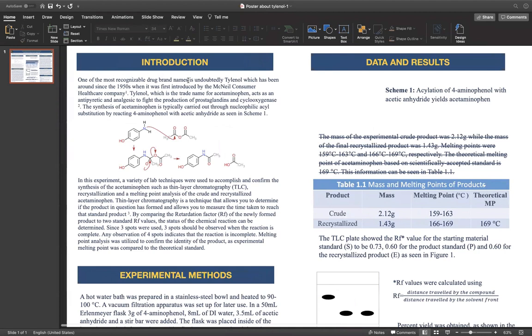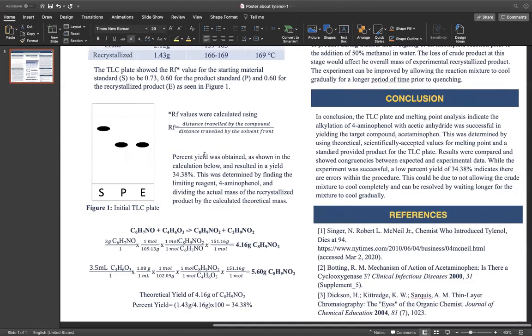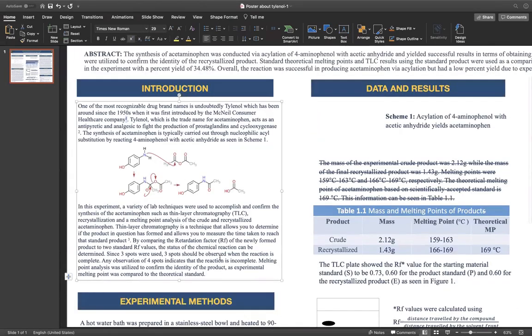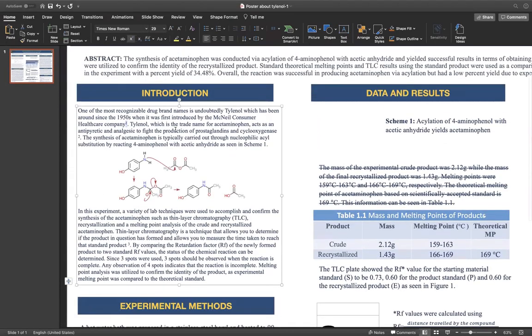One of the most recognizable drugs, Tylenol, perfect. And anytime you reference something, you're going to include it as a superscript. If we go to the bottom of the page, here is the reference that they're referring to. And then Tylenol, which has the trade name Acetaminophen, perfect.